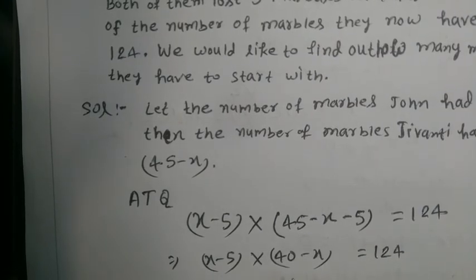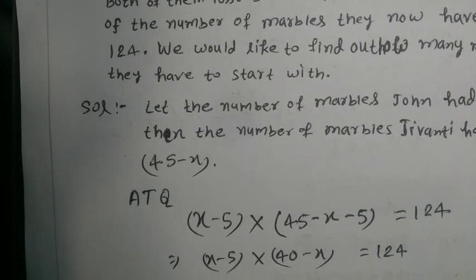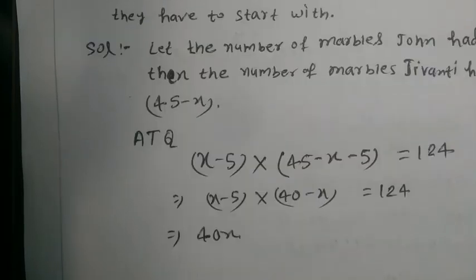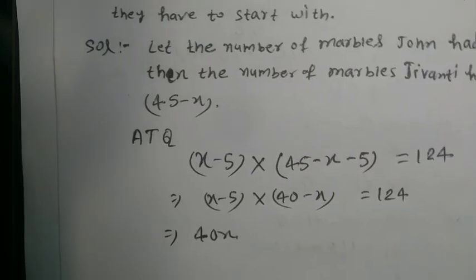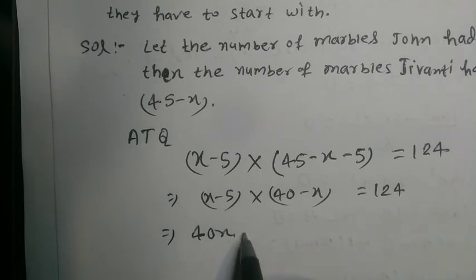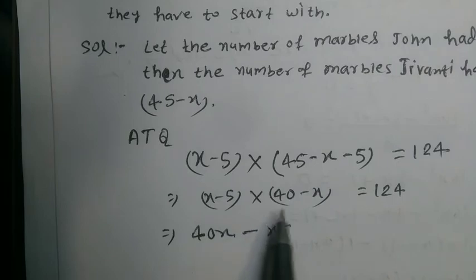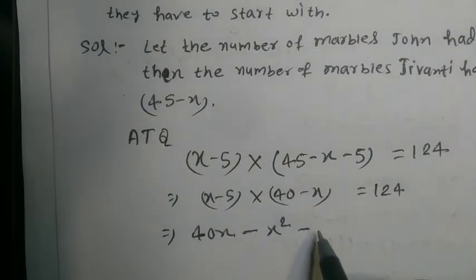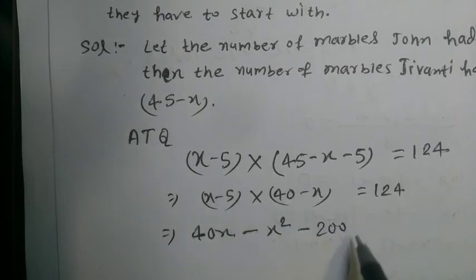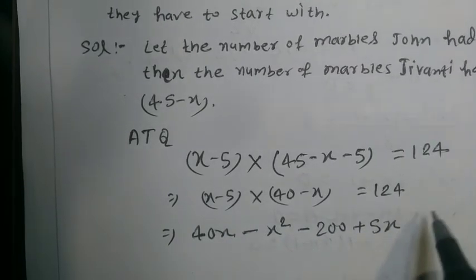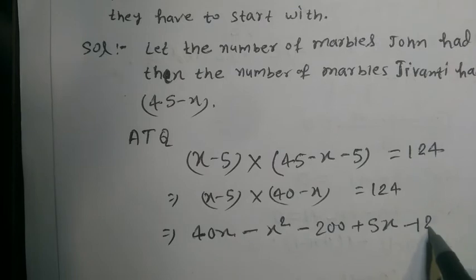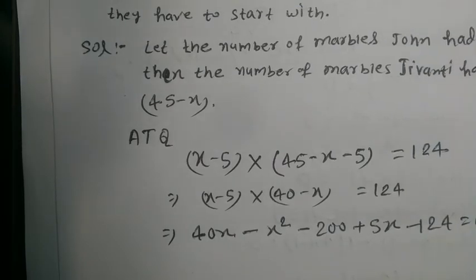Now we multiply 40 minus x first by x, then we get 40x minus x square. Again, minus 5 multiplied by 40 minus x, we get minus 200 plus 5x. Bringing 124 to the left, minus 124, that is equal to 0.